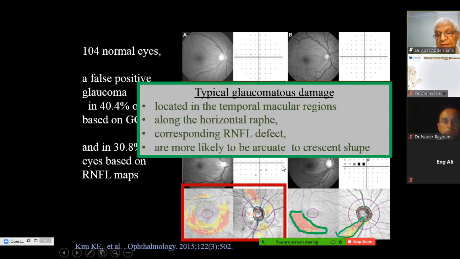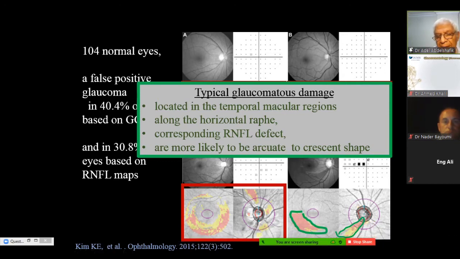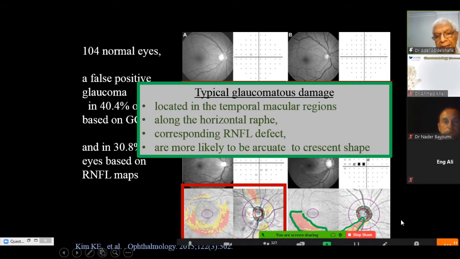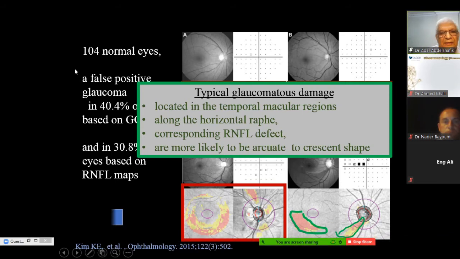And they advise, this is typical for glaucoma, that the changes are temporal to the fovea. It respects the horizontal raphe, and there are corresponding RNFL changes to that area, and it is arcuate or crescent in shape. If you have all these data, then you are more sure that it's a real thing.